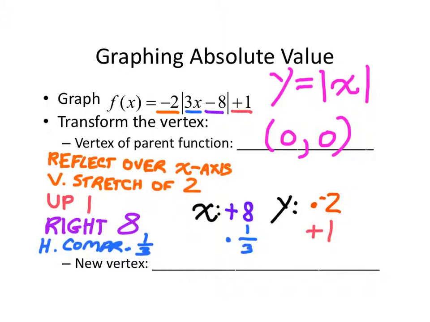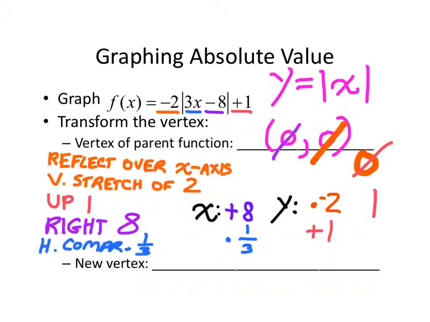As you remember, with our transformations, first thing that we have to do is the vertical stretch and the reflection over the x-axis. So I multiply the y value by -2, and then I add 1 to it. Then remember the input is backwards, so I have to do the horizontal translation first.